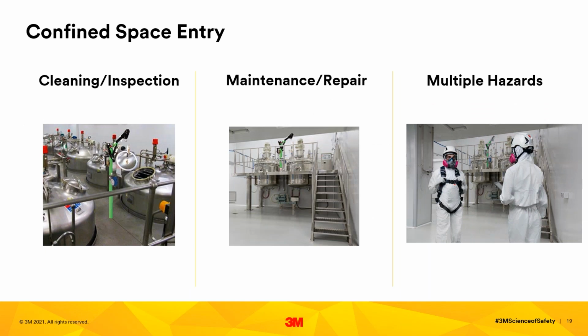So lots of opportunities for process containers, vats, tanks, reactors, things that you see pictured here, where people maybe need to enter those to inspect, to clean, to take care of some sort of repair. And so there are confined space entry opportunities that are part of the process areas, as well as certainly the physical plant itself.